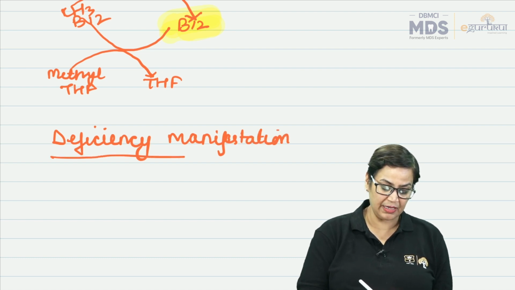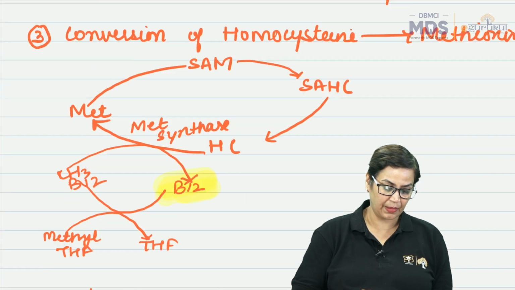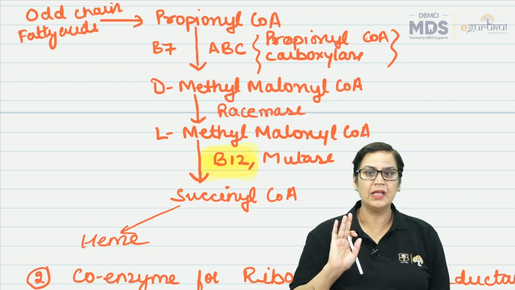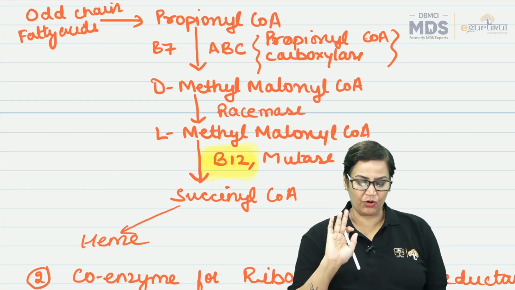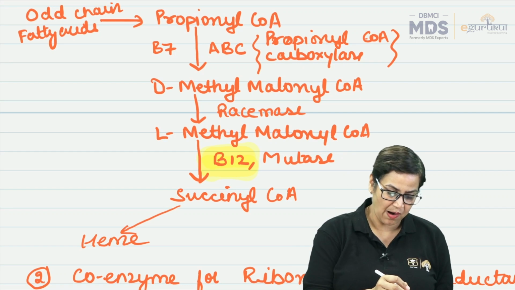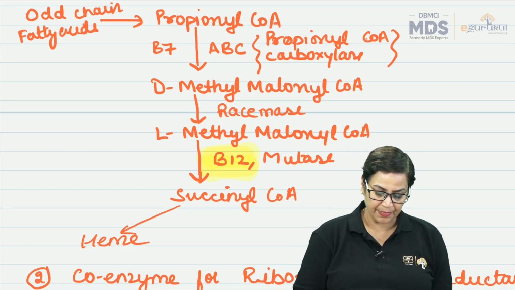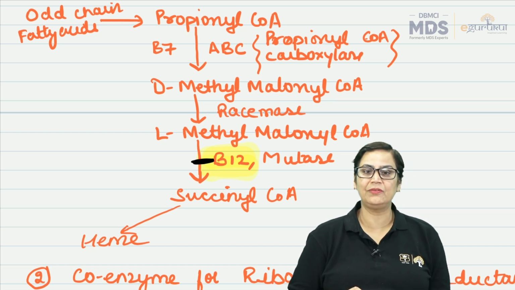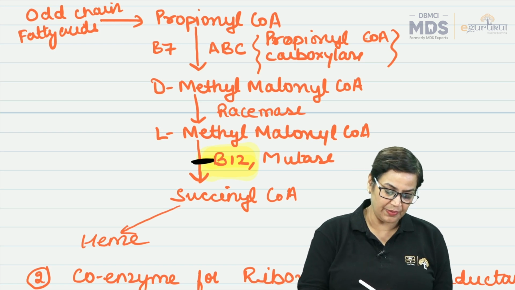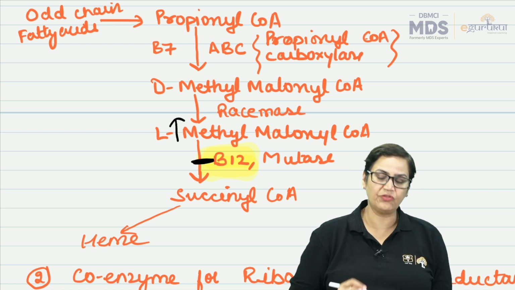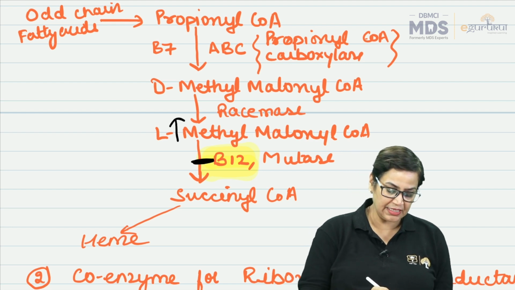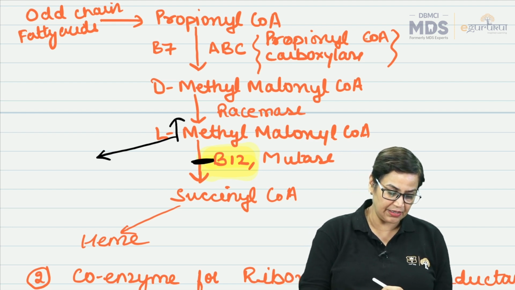First reaction में, if you see this, propionyl coenzyme A is simply forming succinyl coenzyme A. If this B12 is absent, there will be increased concentration of methylmalonic acid, right? And this will be excreted in urine.